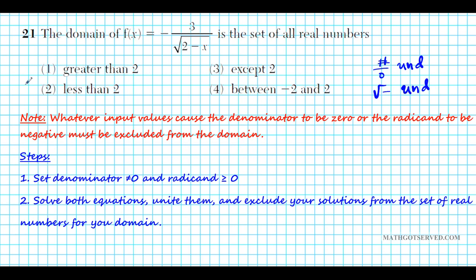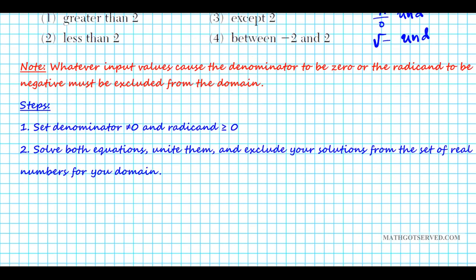All right, so let's go ahead and get started. So we're going to start with the rational component. In order for a function to be defined, in step 1, the denominator, which is the square root of 2 minus x as a whole, cannot attain the value of 0.